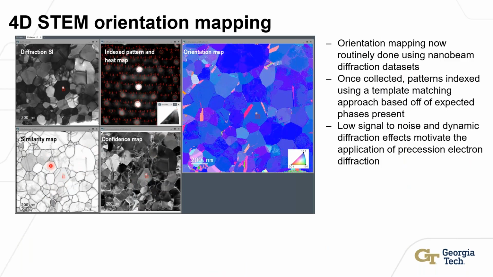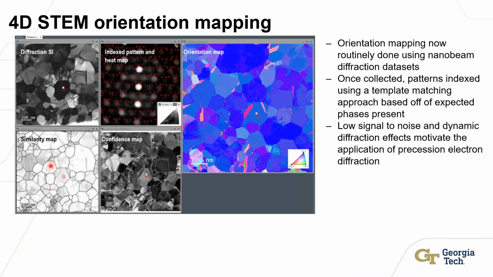Now you still have ongoing challenges with these diffraction patterns because of the signal to noise ratio and really because of dynamic diffraction concerns. The simulations used typically make kinematic assumptions, meaning you're assuming only one electron scattering event per electron as it passes, or 1 or 0 electron scattering events.